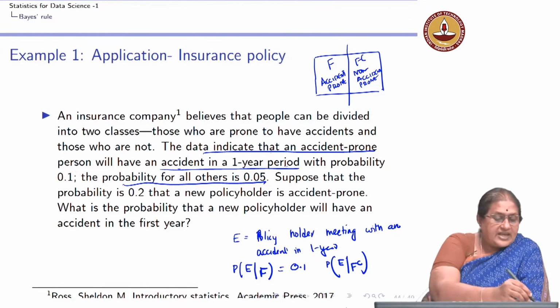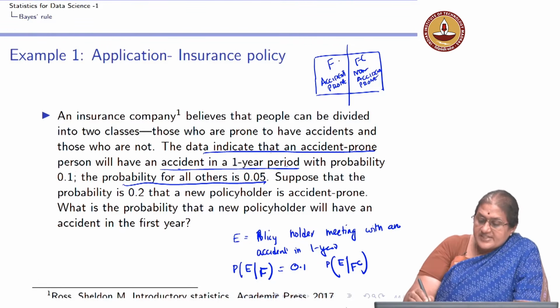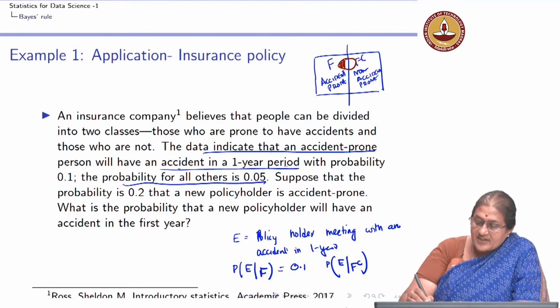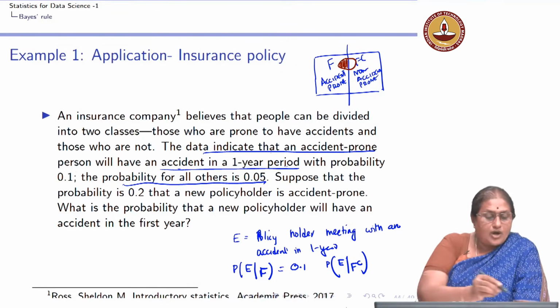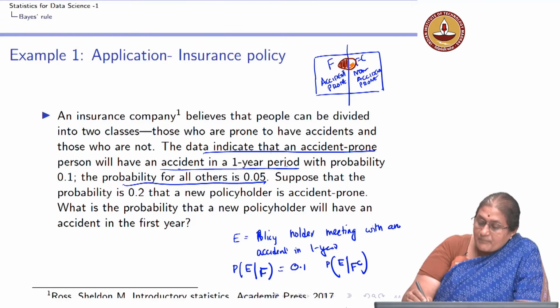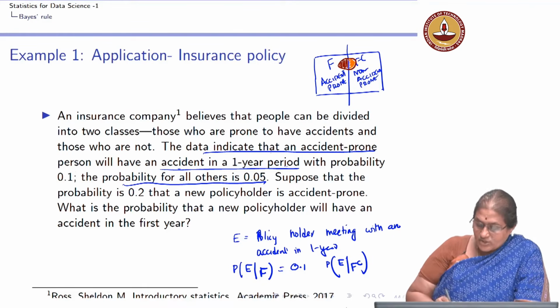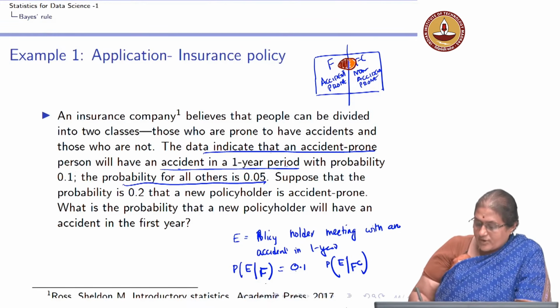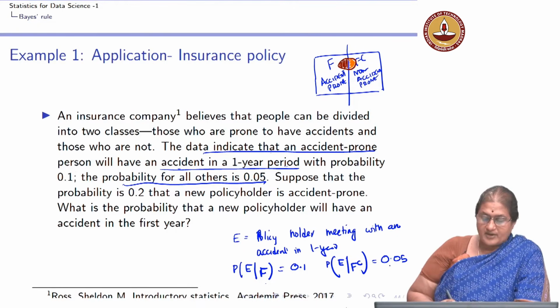So, now my event E, which is the chance that a person meets with an accident within a year, could happen in two ways. The person is meeting with an accident within a year and is accident prone, or the person is meeting with an accident within a year, but comes from the non-accident prone class. So, these are the probabilities that are given to us. This conditional probability is 0.1 and this conditional probability is 0.05.